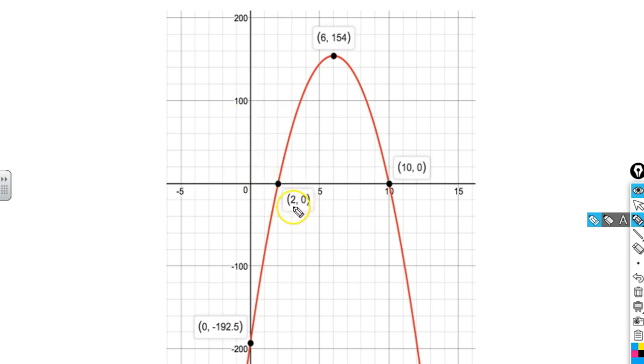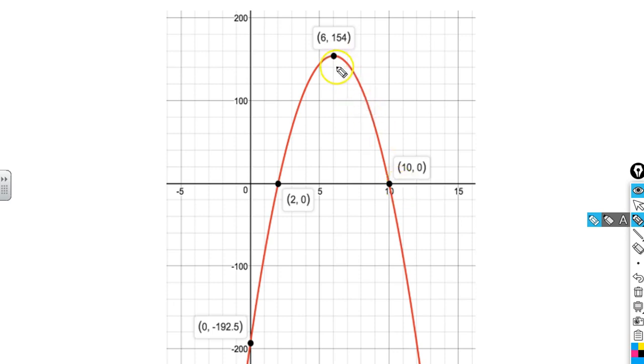So that means if the company charges $2 per hat, then they aren't going to make any profit. And this other x-intercept represents the $10 price per hat, again resulting in zero profit.